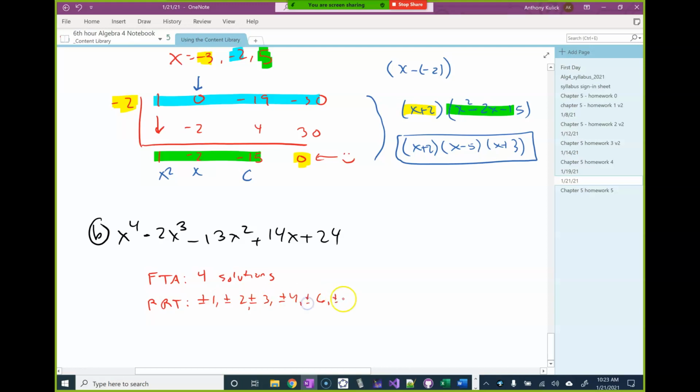Okay, once I have that typed in, I'll reset my window. So my lower bound for my x's should be negative 24, and the upper bound should be positive 24. I'll hit graph and take a look.